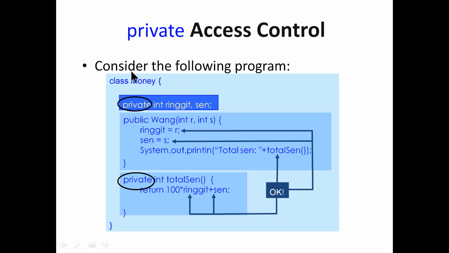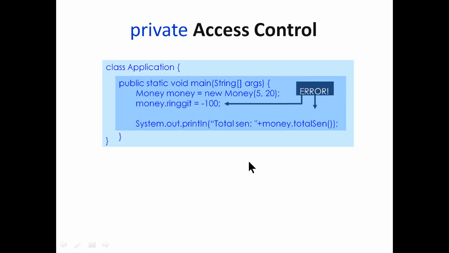So take a look at here. Consider the following program. You have a private integer, that's a private member, and the private member you can access from within the class, it's fine. And this is also private, you can call it from within the class, it's okay. But you can see here, with private access control, this is a public method, main. The main method is a public method.